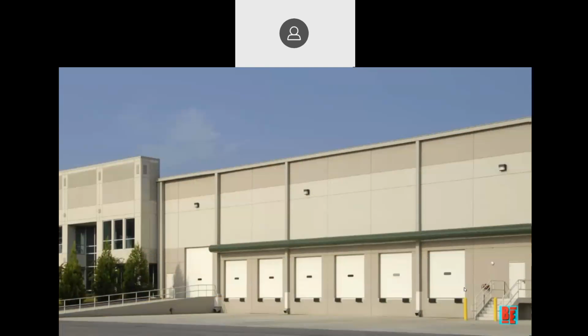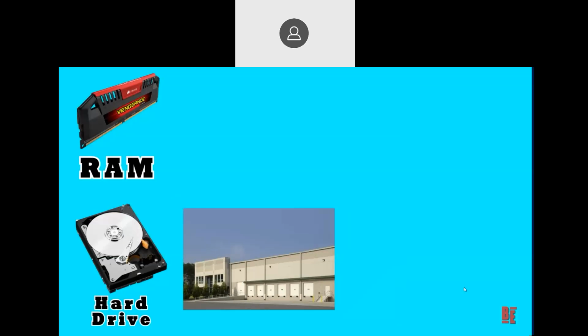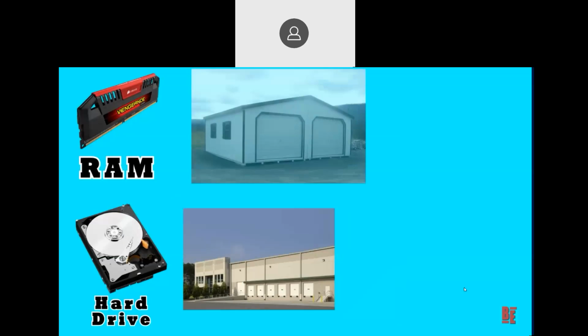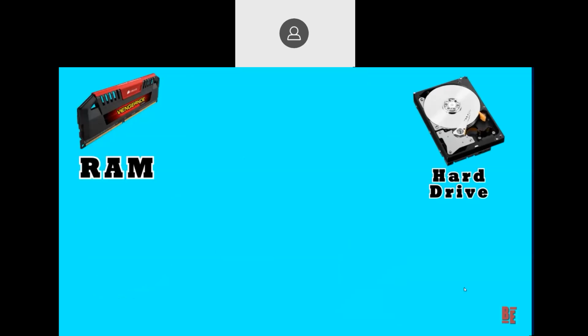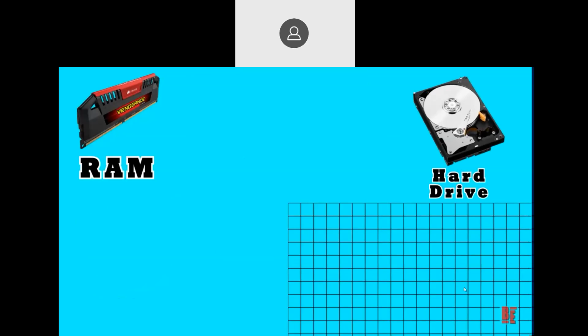You'll have to go through a tiny door. But if you have a long, wide storage shed that's got a big, massive garage comprising an entire side of it, you won't be able to store as much, but things are significantly easier to get to. Typically, if your computer has 1,000 gigabytes of storage space in your hard drive, it's likely got about 16 gigabytes worth of RAM.